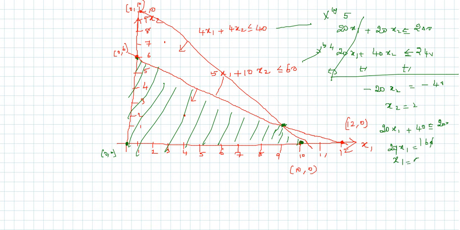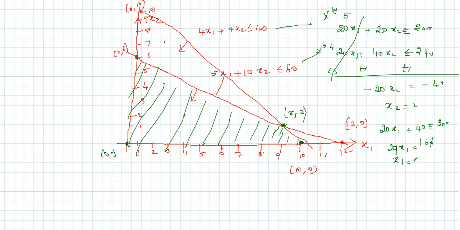So this point will be 8 comma 2. So we got the 4 points of the feasible region.